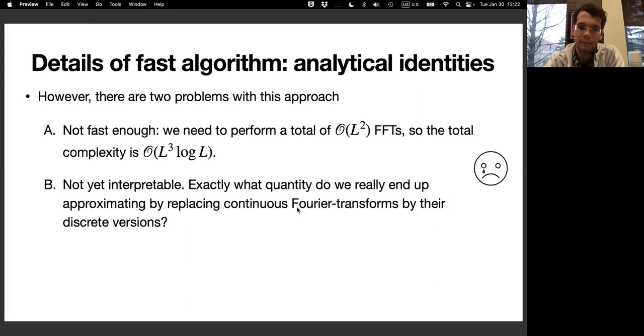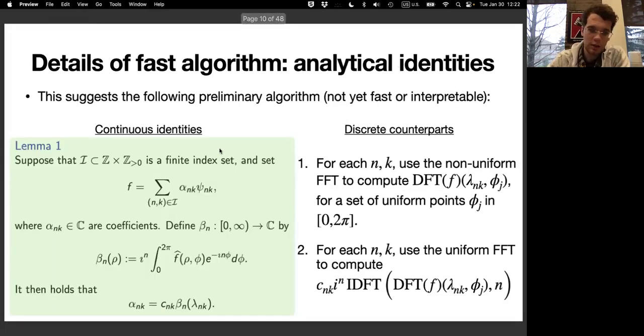And secondly, it's not completely clear exactly what we're doing at this point, because this identity holds for continuous Fourier transforms. So it's not super clear exactly what we end up with when we start replacing the continuous thing by the discrete things. Remember, we wanted to end up with approximations of these matrices B and B star. So it's not super clear at this point that that's actually what we end up getting.